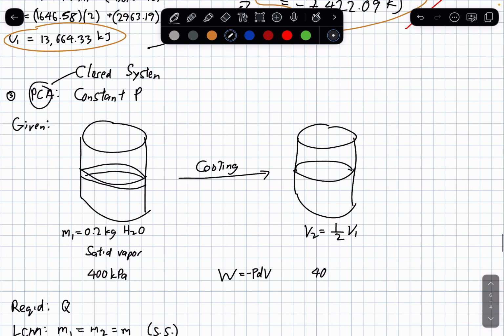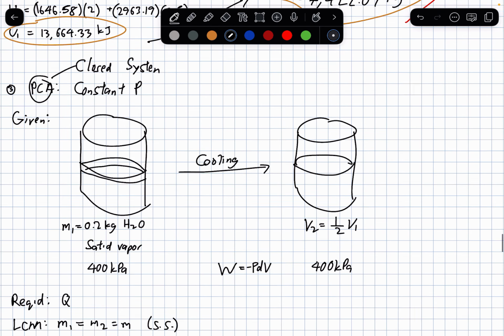Constant pressure, so still 400 kPa in the other side.